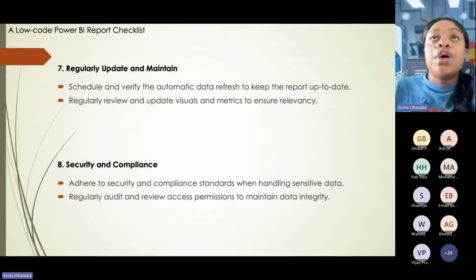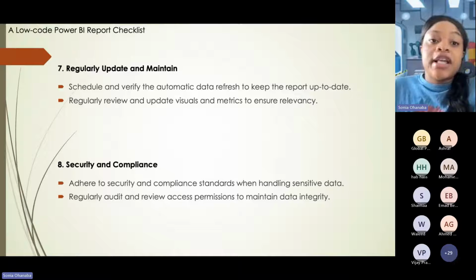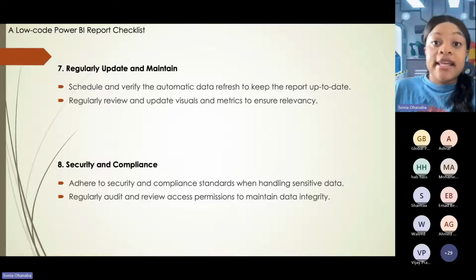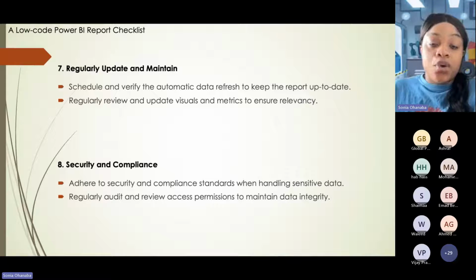The seventh one is regularly updating and maintaining the dashboard. With Power BI, you do not need to go in there every day to refresh your data. You can always set an automatic refresh. If you want your dashboard to be updated every day at 12 p.m., you could set that in the Power BI Workspace.